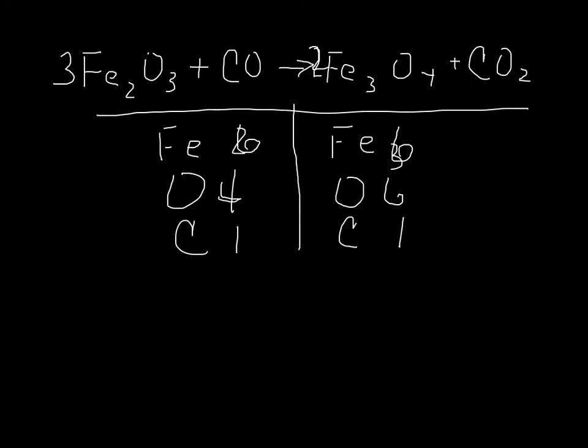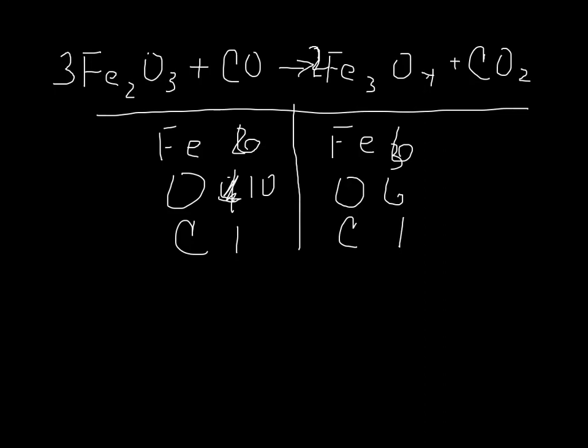Let's see what that did to the rest of the equation, though. Now let's take a look at oxygens. This coefficient will go with this oxygen here too, so we've got to multiply. 3 times 3 is 9, and then we have one more over here, so now we have 10 oxygens. Let's look and see what it did over here.